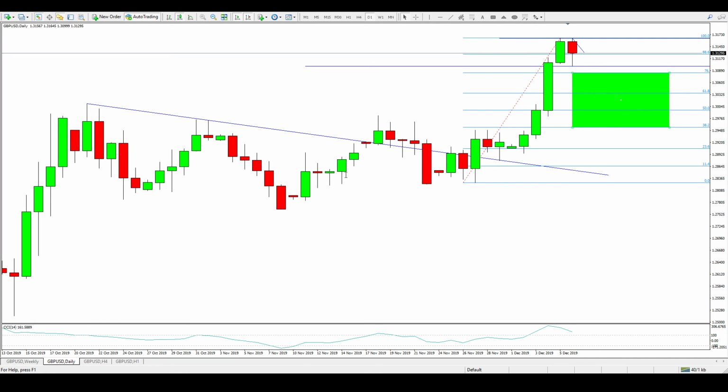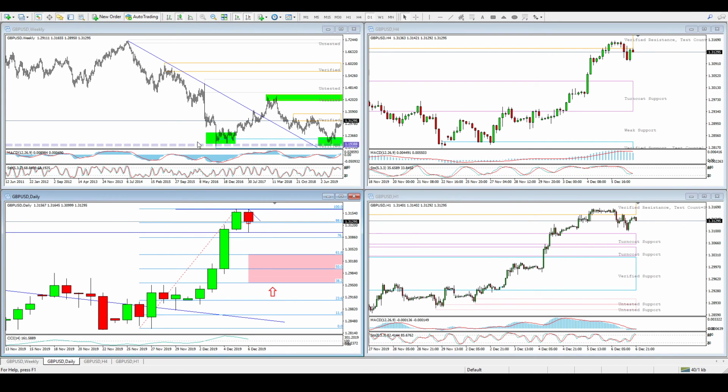Actually, let me change the color on this. Actually, it will retrace somewhere here. And I will also be a buyer here. Okay, and that's for that.